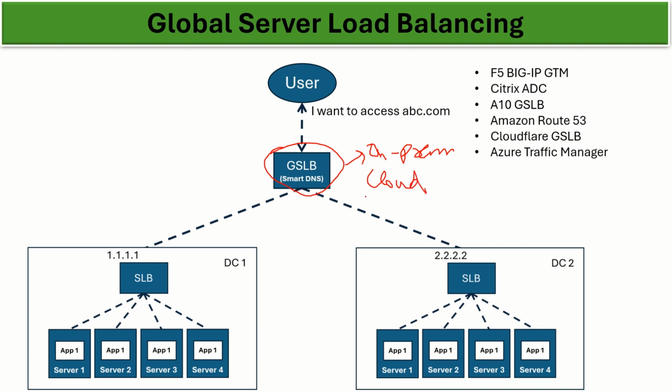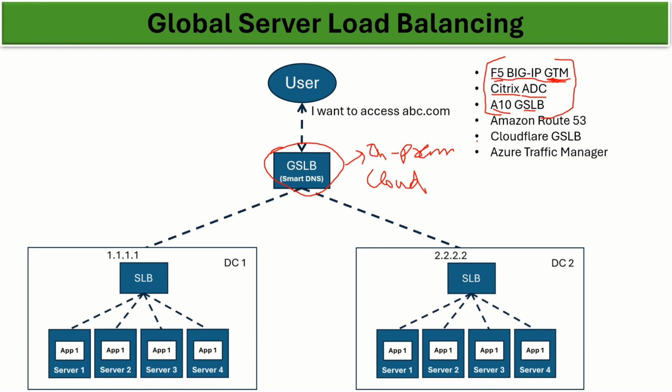The first three here are the appliance-based solutions. F5 Big-IP GTM, which is called Global Traffic Manager, GTM, is the F5-specific name for GSLB. Then we have Citrix ADC, which has the GSLB service. Then A10 GSLB. These are all the on-premise or appliance-based solutions.